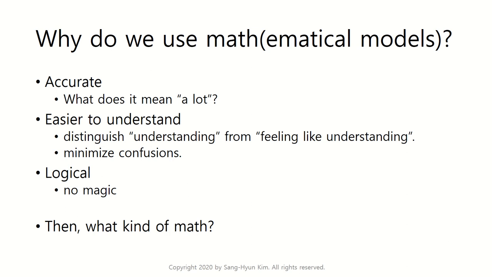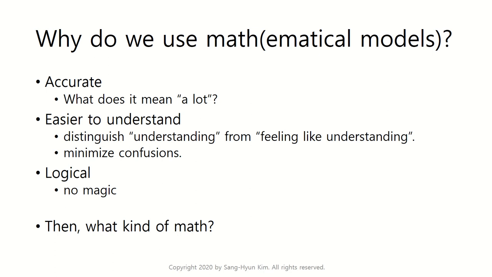Why do you use math in the first place? Math or mathematical models? The reason is, it is accurate. What I mean by that is natural languages are inaccurate, so we cannot use that because it allows lots of confusions.